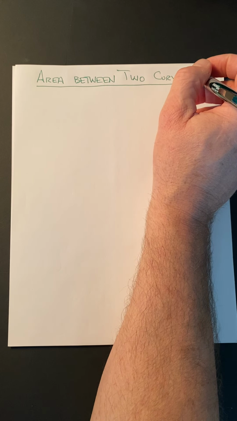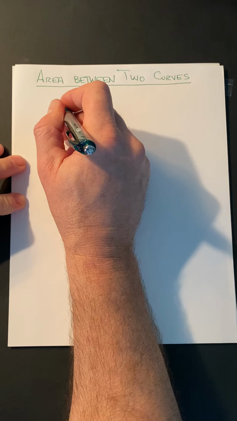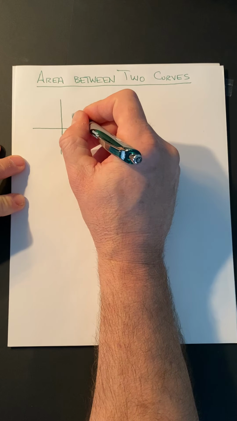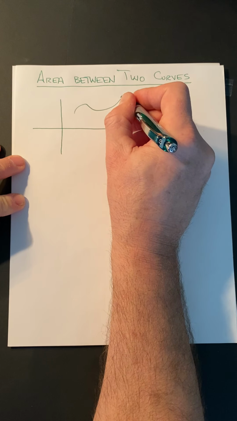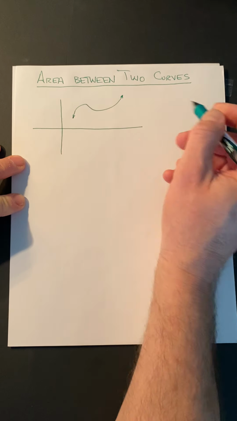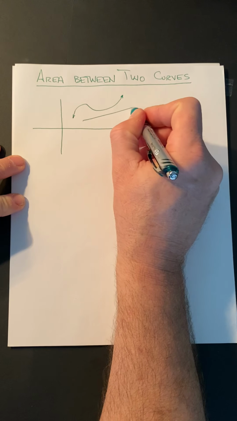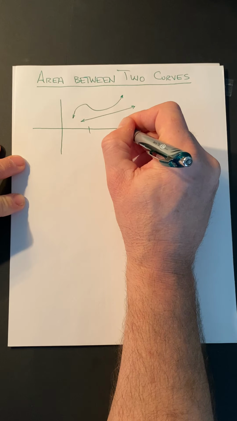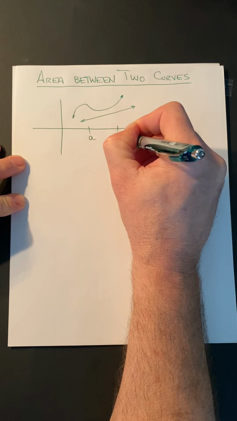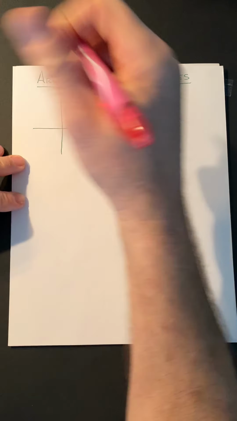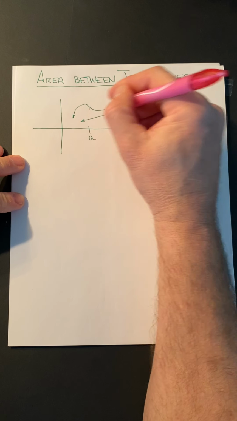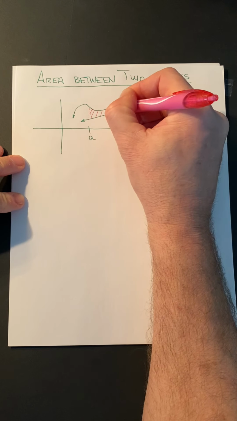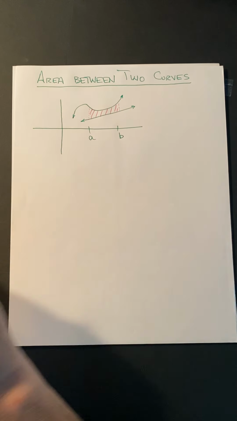So when I'm looking at this, maybe I have a function that looks like this, and maybe I have a function that looks like that. And I'm talking about, again, from A to B. And what I'm interested in then is this area in between these curves, okay?